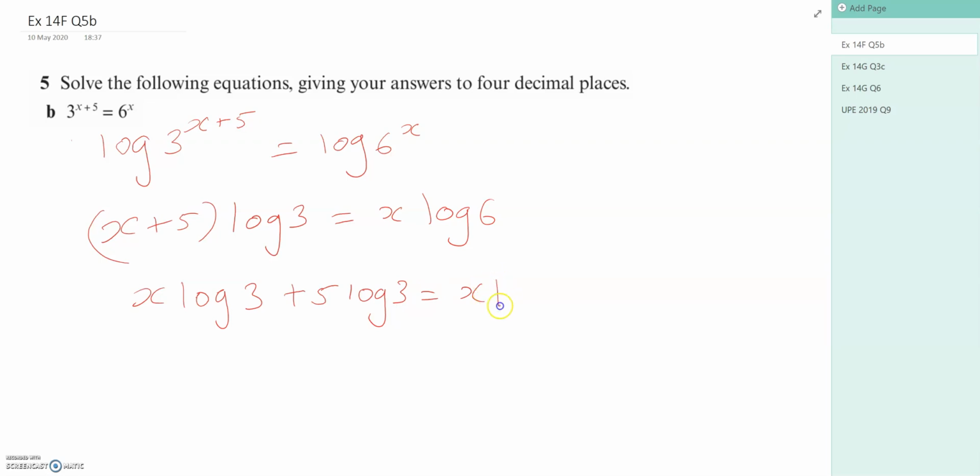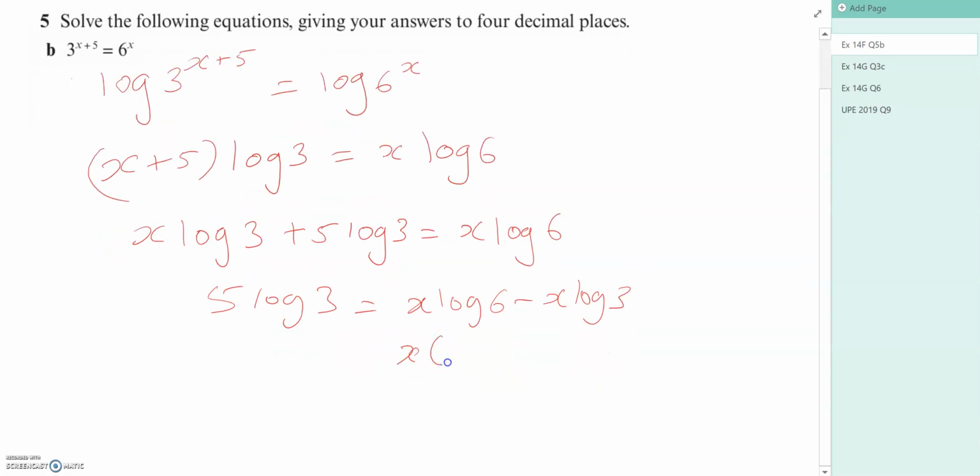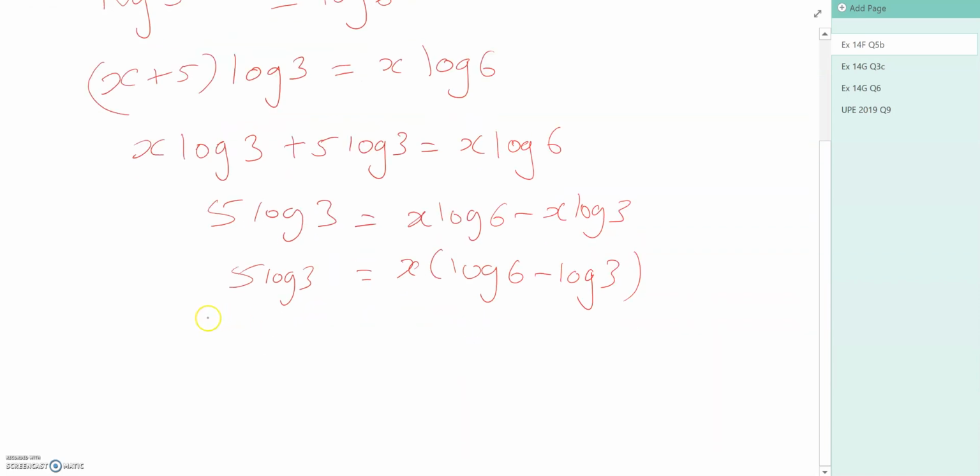And so we get that, and then take all the x's to one side. I'm going to take it to the right actually, so 5 log 3 is equal to x log 6 take away x log 3. Factorize the x out, and then divide by log 6 minus log 3.